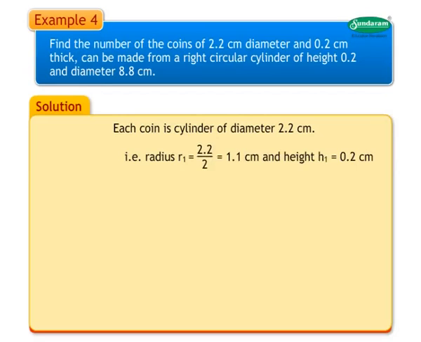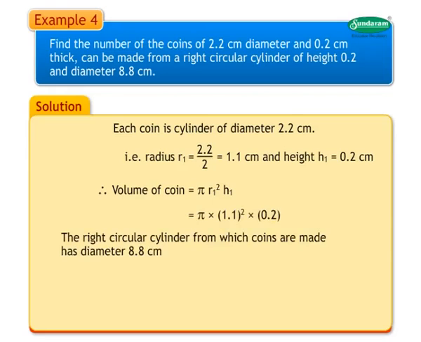That is, radius R1 is equal to 2.2 upon 2 is equal to 1.1 centimeters and height H1 is equal to 0.2 centimeters. Therefore, volume of a coin is equal to pi into R1 square into H1 is equal to pi into 1.1 square into 0.2. The right circular cylinder from which coins are made has diameter 8.8 centimeters.